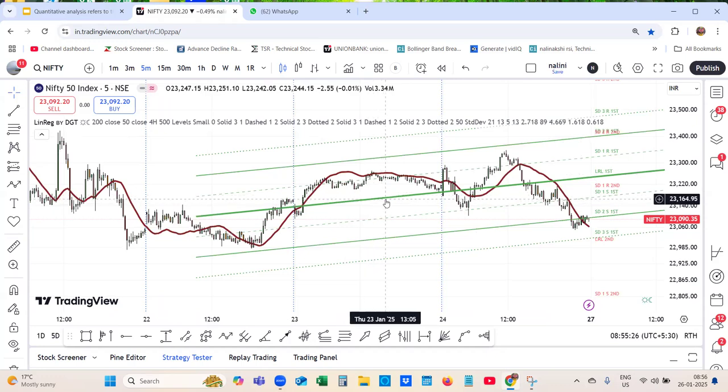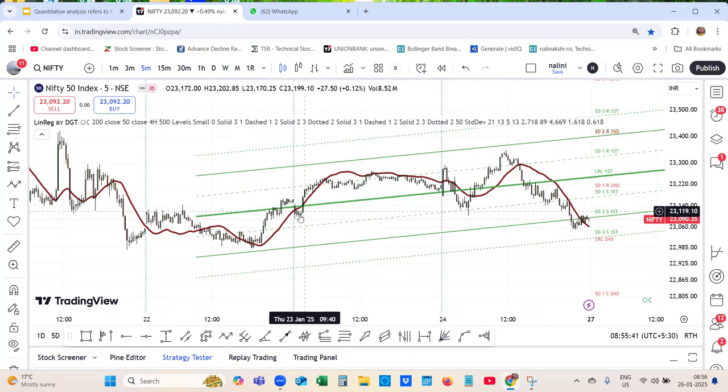What you are seeing is a linear regression line, collecting all this data and calculating by the least squares method, a statistical method, a middle line has been created. And this indicator uses a channel, an upper channel and a lower channel, above and below the linear regression line.